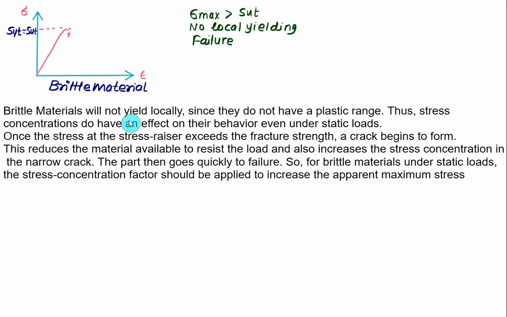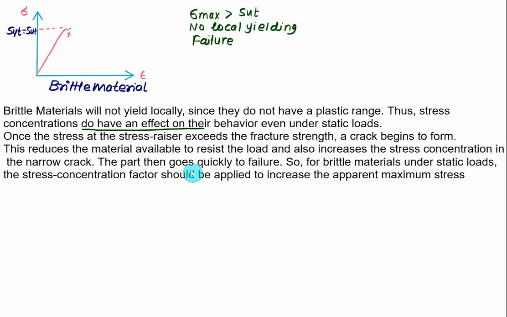So brittle material will not yield locally since it does not have a plastic range. Thus the stress concentration does have an effect on its behavior even under the static load. Once the stress at the stress raiser exceeds the fracture strength, a crack begins to form. This reduces the material available to resist the load and also increases the stress concentration in the narrow crack.